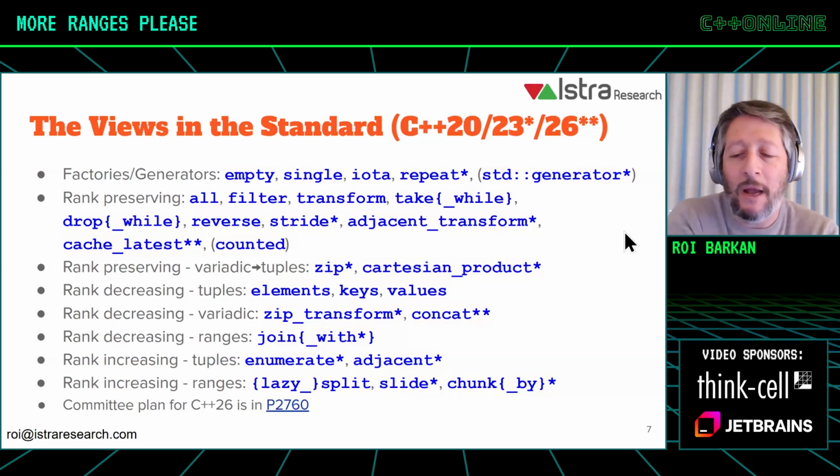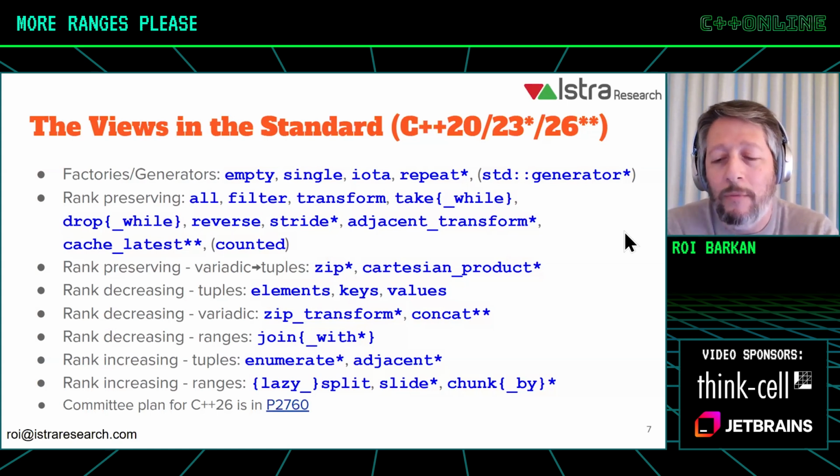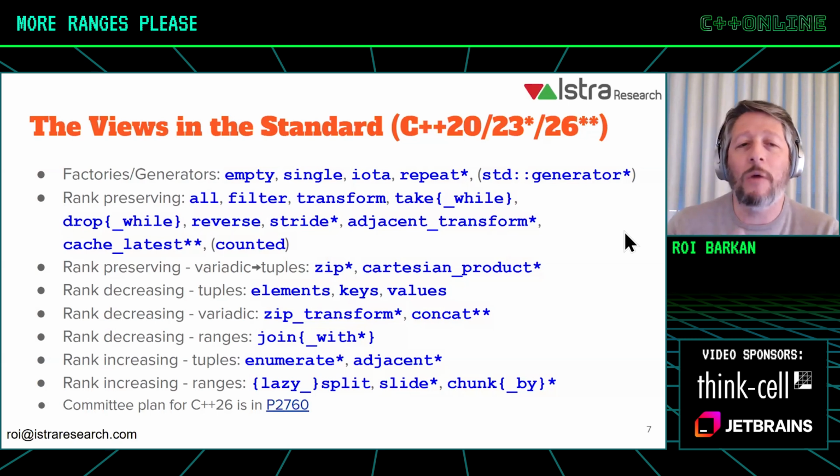And in C++, unlike other languages, the matter of rank doesn't only have to do with the dimension itself, but also with the fact that sometimes you can increase the dimension either through a runtime mechanism or through a compile time mechanism. So we have this compile time mechanism of creating an extra dimension using a std::tuple, for example.